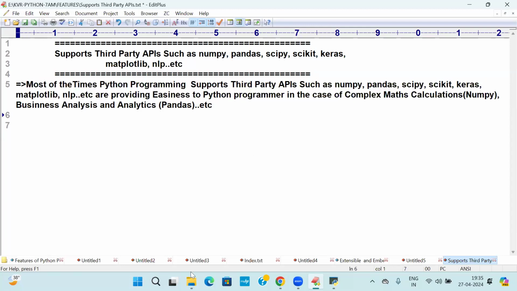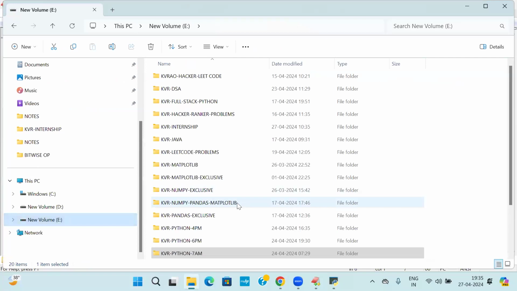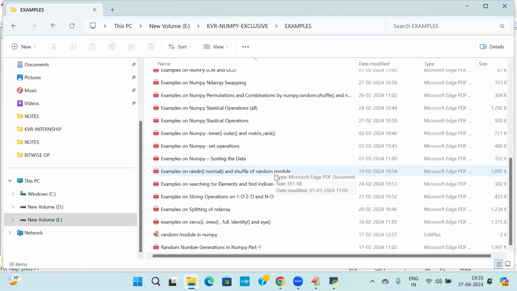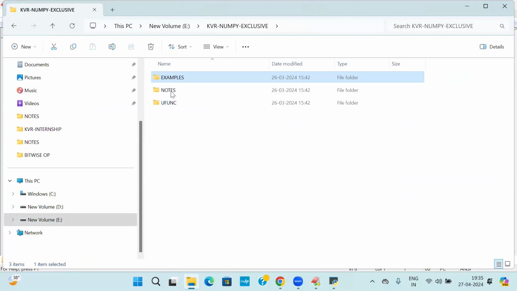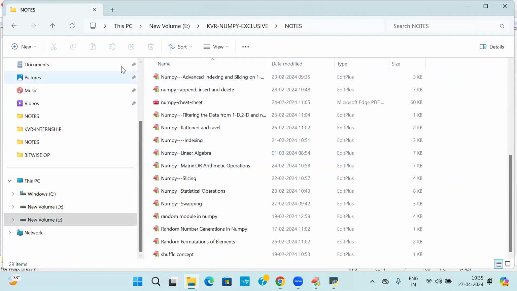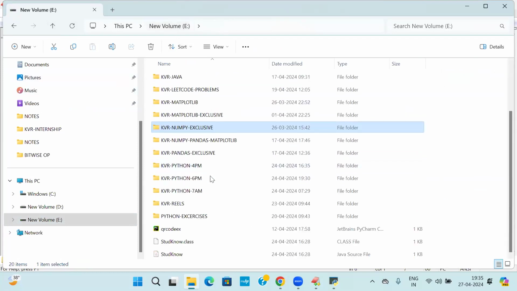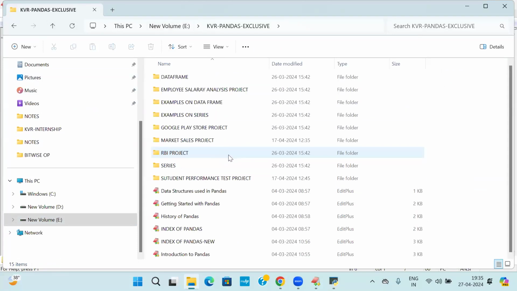When I go to Pandas, in my class only, see my dear students, Pandas, NumPy exclusive. See how many topics are there, how many examples, so many examples. Ultimate notes, everything we are having the notes. And if you go to Pandas exclusive, see that project also. You are getting project also.